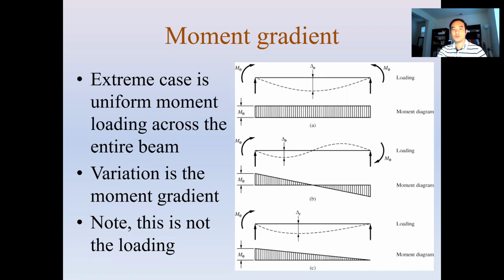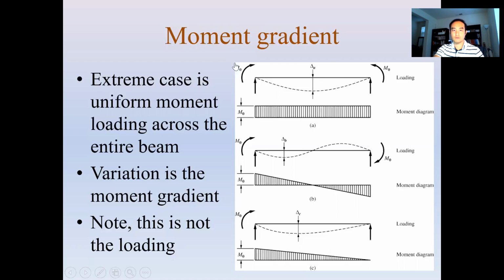And usually we are focusing on the maximum value because that is the most critical demand. But the distribution of that moment along the length of the beam would affect the selection of the beam. So here you can see three different cases which will have the same maximum moment demand.